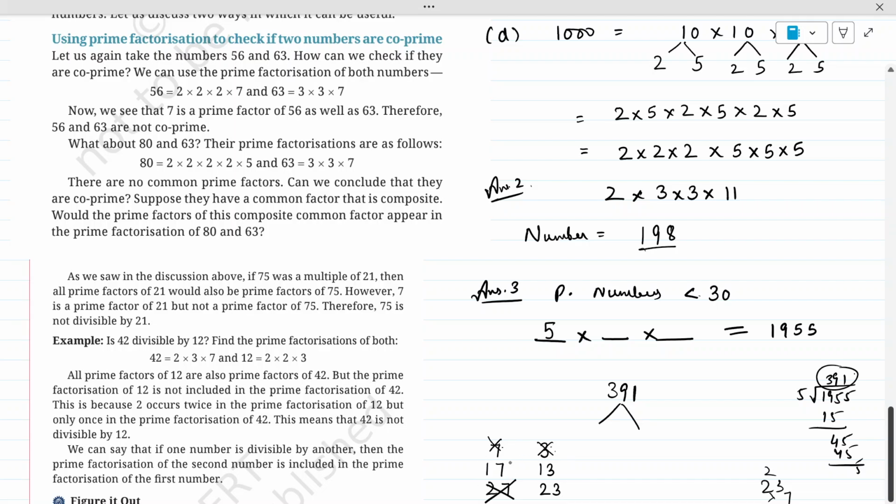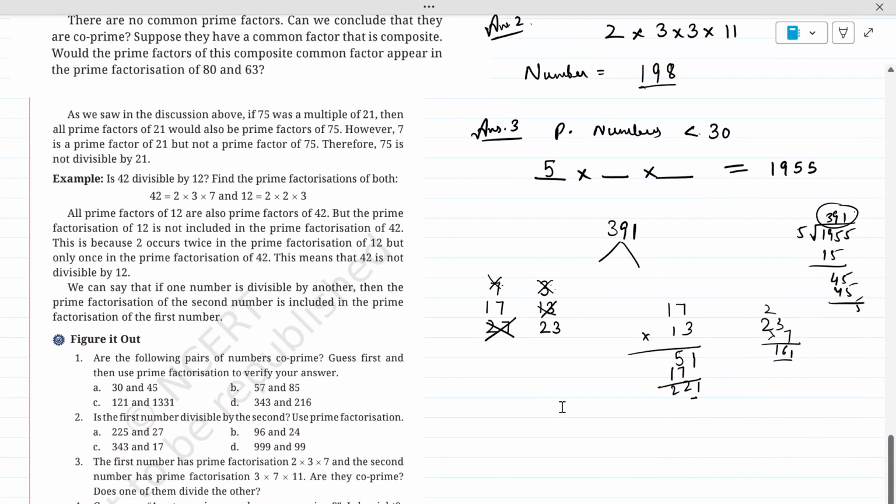So now I have two combinations, 17 and 13 and 17 and 23. So kids, let's try to multiply 17 and 13 and see what we will get. Okay. So this is 17 into 3, 51. This is 17, 1, 7 plus 5 is 12 and 2, 221. This is also not true. So I'm also removing 13 now. Now we have the last number, that is 17 multiplied by 23.